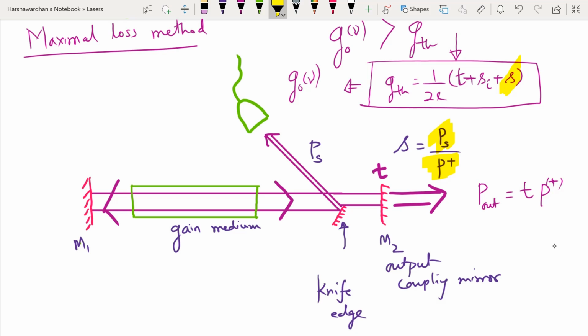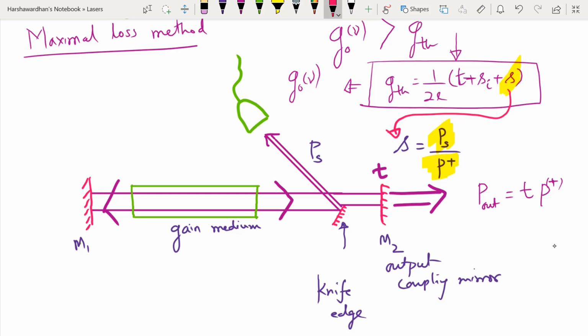And this scattering coefficient is precisely used to get my threshold at which the lasing ceases, because as I keep introducing the knife edge, the lasing eventually would cease because the feedback is becoming smaller and smaller.